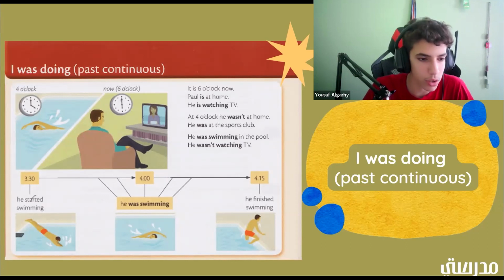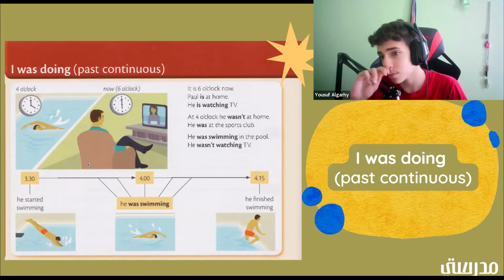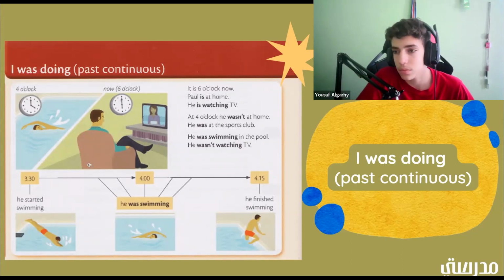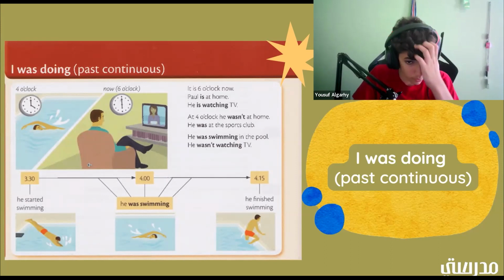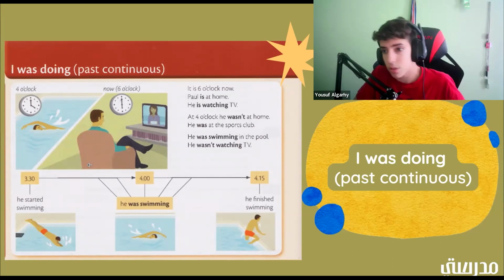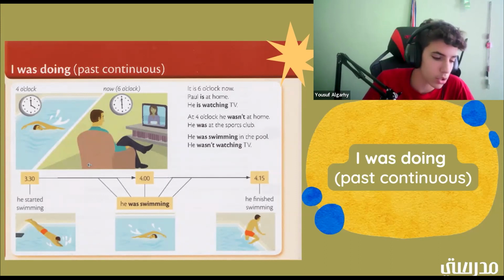So here we have a little chart. It says he started swimming at this time, he was swimming at this time, and then he finished swimming at this time. So let me ask you, and you guys can put your answers in the chat. What time did he start swimming? 3:30. All right, good job.